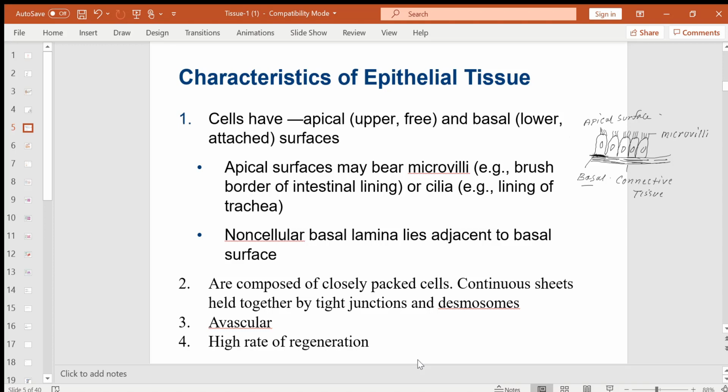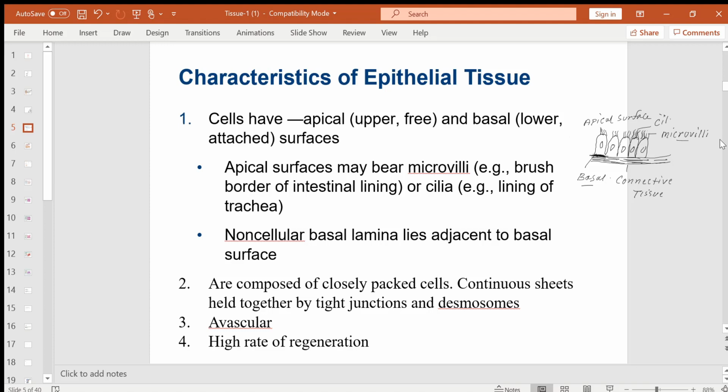So microvilli are the hair-like structures. They are kind of hard and won't move too much. And sometimes we see these hairs are soft and they beat or move easily. These are called cilia.